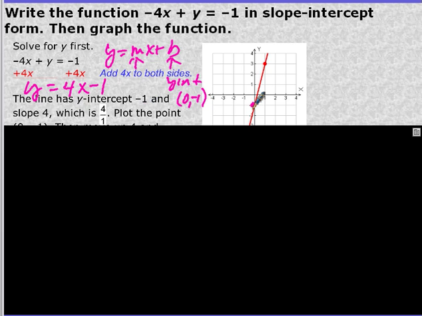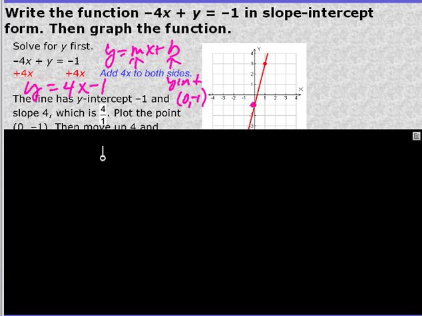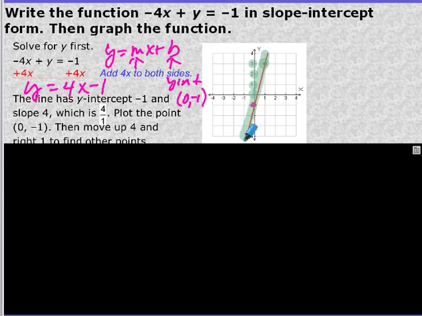And then just like we did a couple slides before, we use our slope. If it's a whole number, then that means it's a whole number over 1. So our rise is 4, our run is just 1. So we're going to move up 4 and right 1. 1, 2, 3, 4, and then connect those points. So we have at least 3 ways of figuring out how to graph a linear function at this point.